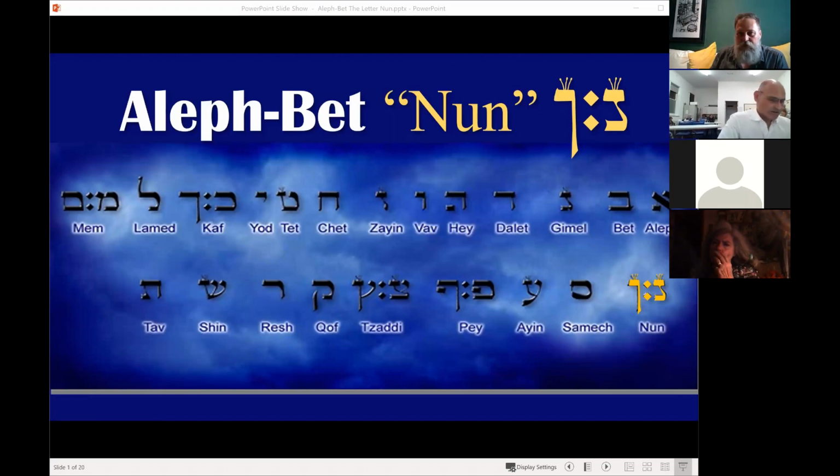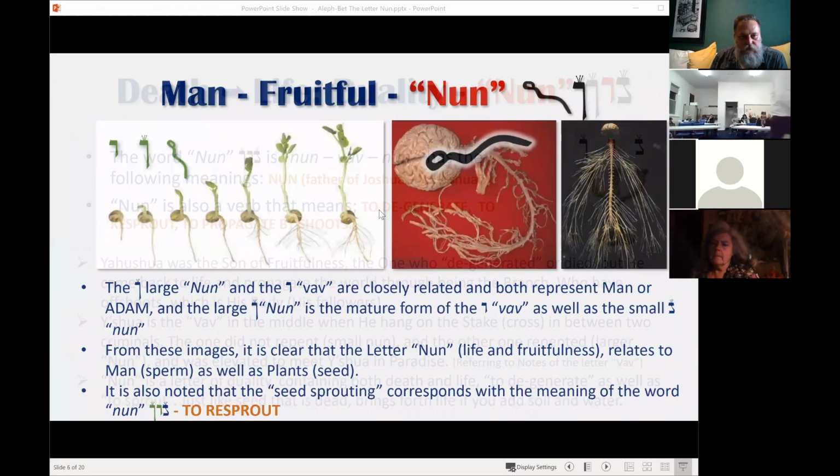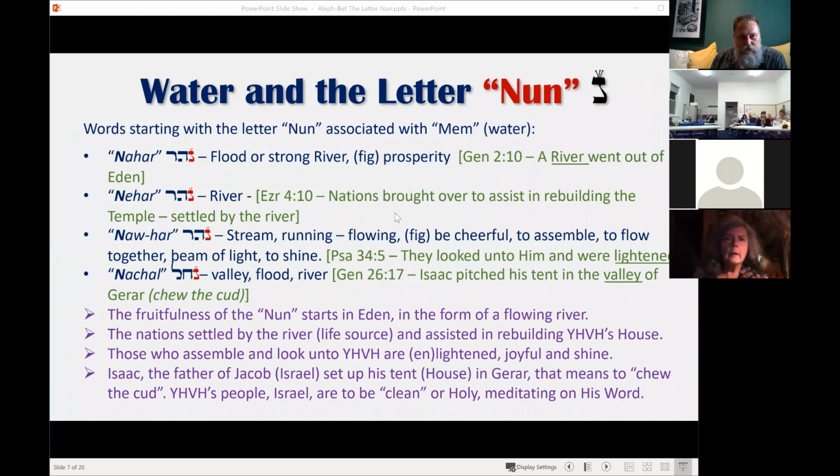And what's interesting about the age of the Gentiles, if we look at the nations brought over to assist in the rebuilding of the temple: they settled by the river, and that's the nations, the age of the Gentiles, and they will be part of the house of Yahweh because we are living stones, and they get their life source from the river, which is the mem, the word.